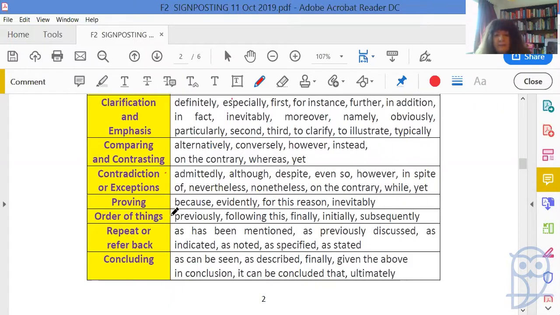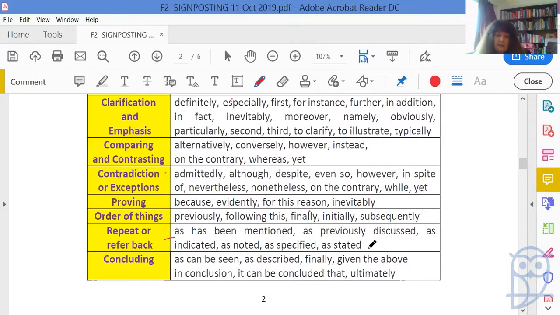Order of things, there's some questions on the web chat, I'll answer them just now. The order of things, previously, following this, finally, subsequently, there must be some order in your paragraphs and in your sentences. Repeat or refer back to something, as has been mentioned, as previously discussed, as indicated, specified, or stated.